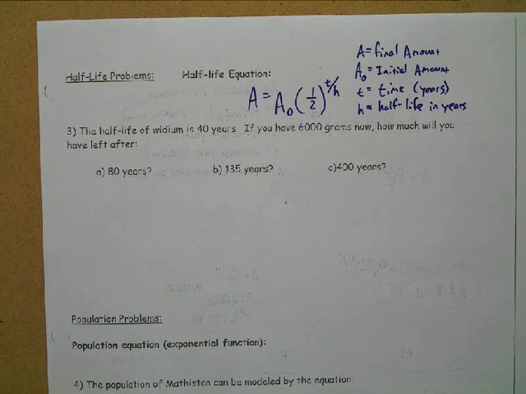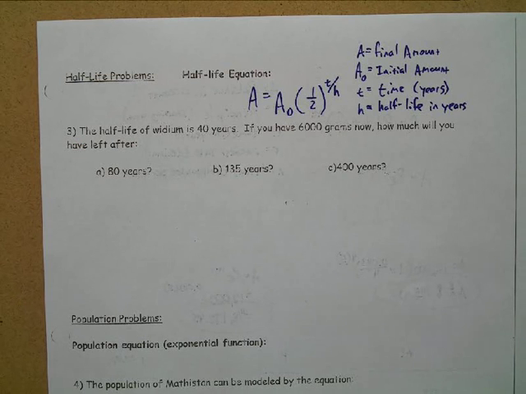All right. So here we have a made-up element, wittium. The half-life of wittium is 40 years. If you have 6,000 grams now, how much will you have left after 80 years? This one we can actually do mentally. That's 6,000 grams. After 40 years, how many grams will be left? 3,000, because 40 years later there's going to be half that much.